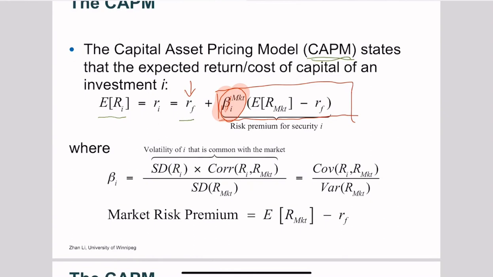Obviously, it's important to learn how to calculate beta. We have learned about this, and the calculation of beta is quite similar to the previous formula. It's the covariance between the investment I's return and the return of the market divided by the variance of the return of the market.